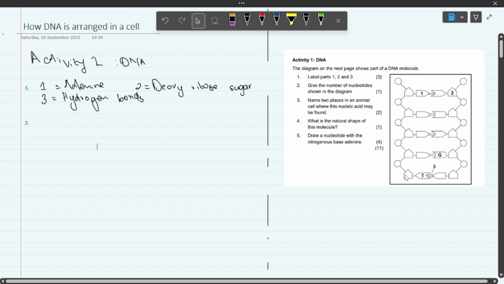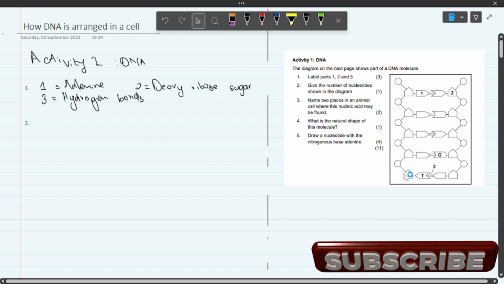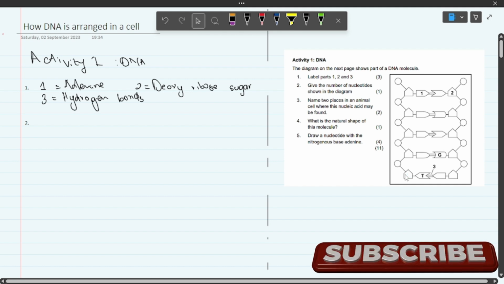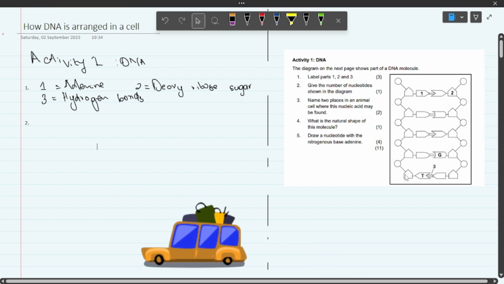And you know that nucleotides are base pairs, pairing together, held together by the hydrogen bonds. So if there are five deoxyribose sugars, then there are five base pairs, which means there are five nucleotides shown in the diagram below.